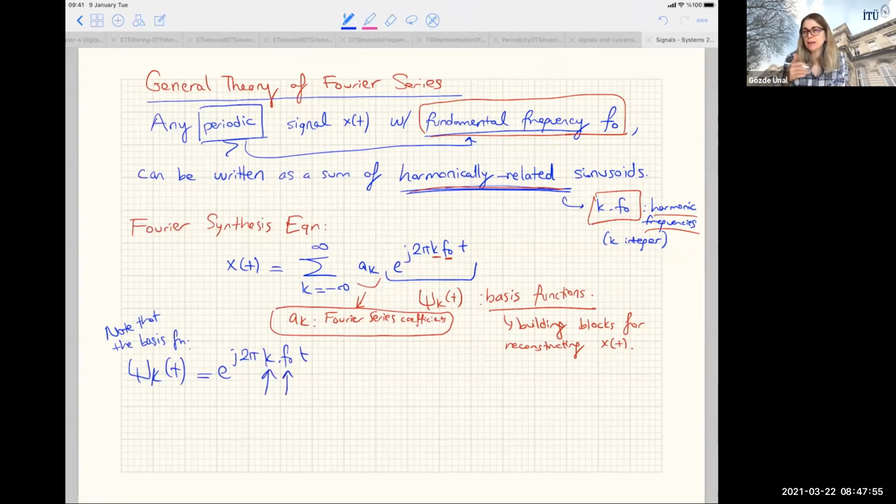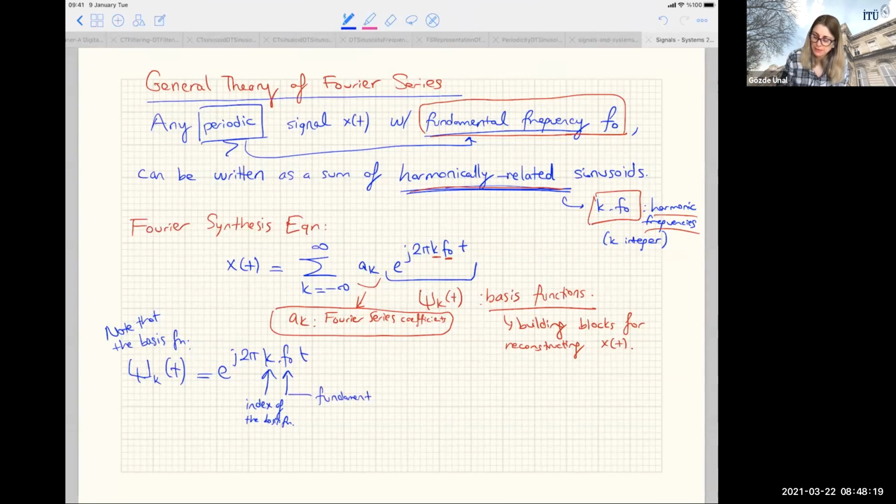I have a set of basis functions, and k is that index, so let's make this a small k. It's the index of the basis function. Also, you see a k ties to it; that's the corresponding coefficient of that basis function. f0 is the fundamental frequency.